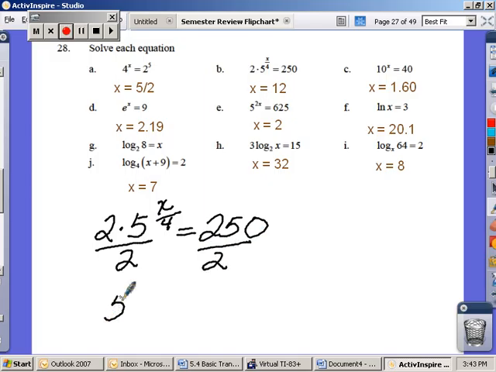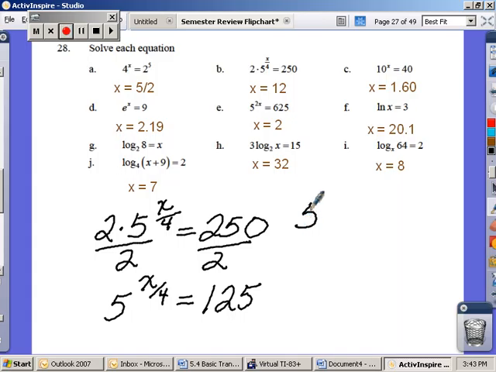So now I have 5 to the x over 4 equals 125. Are my bases the same? No, my bases are not the same. Which base can be written as a base 5? That would be 125. 5 times 5 times 5 will give me 125.